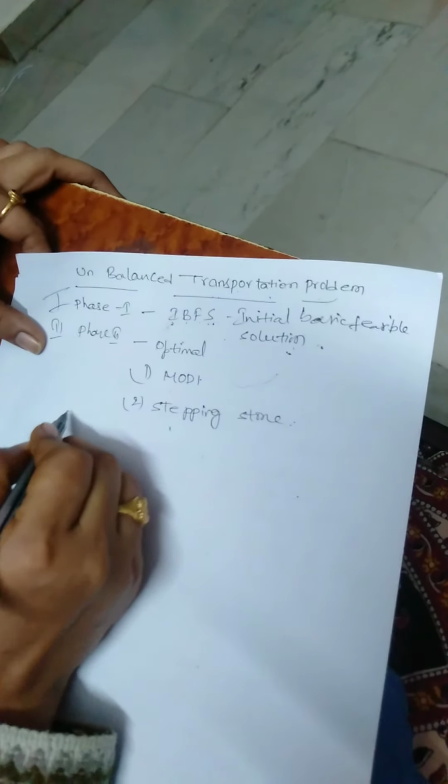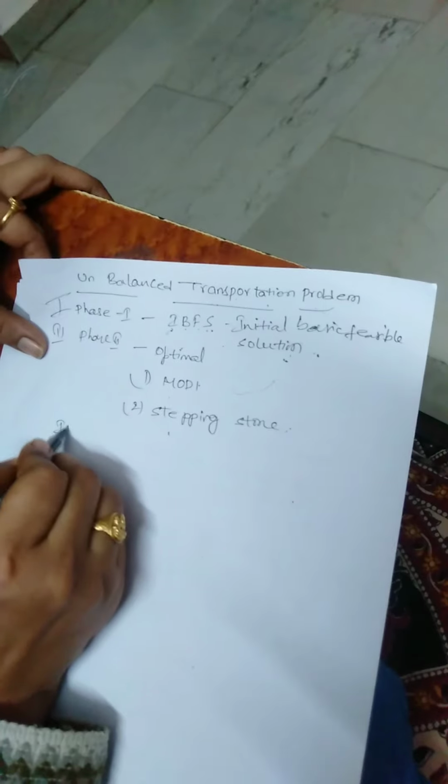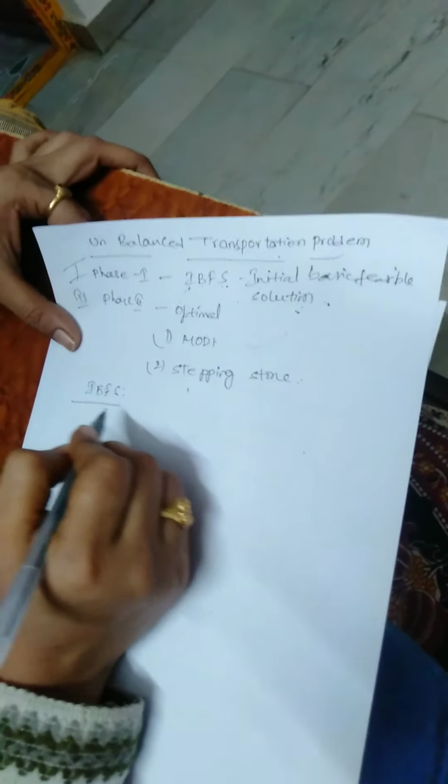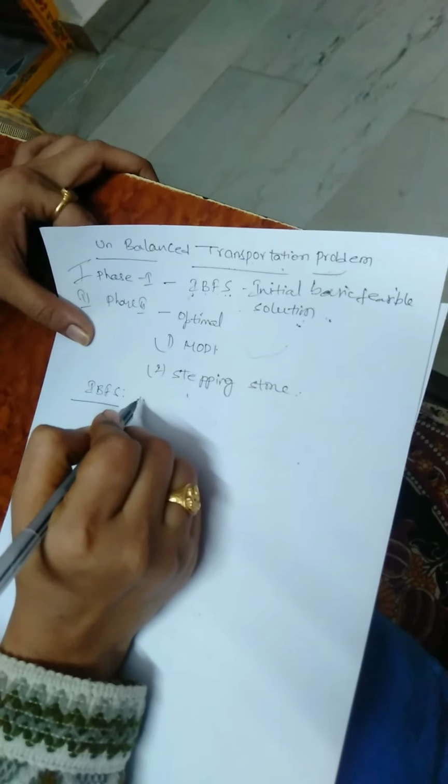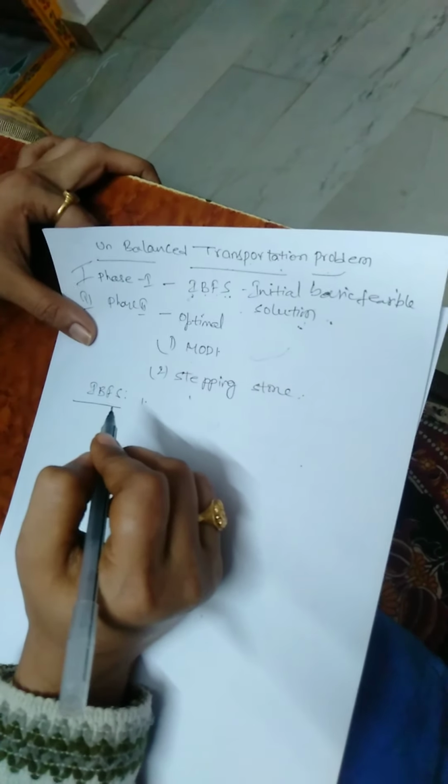So the first thing, we have to find IBFS. How to find IBFS? To find the initial basic feasible solution, we have different techniques. Totally we have 5 techniques.